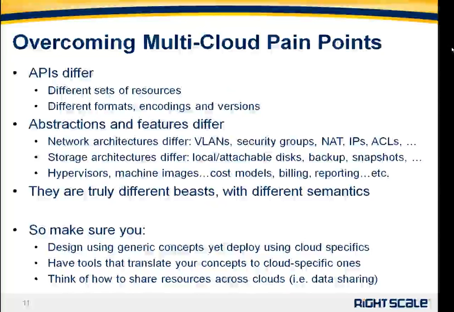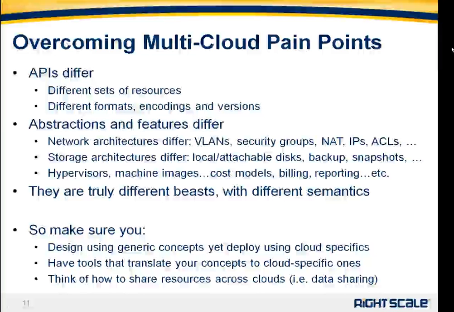Now, when you are trying to design for failure, potentially a complete cloud failure, it means that you have to be able to interact with different clouds as well. And that's fairly difficult. There are many pain points in thinking multi-cloud because the APIs of these different clouds may differ.